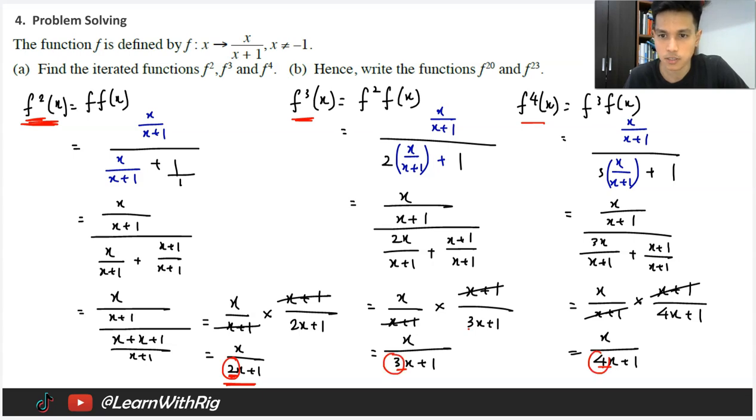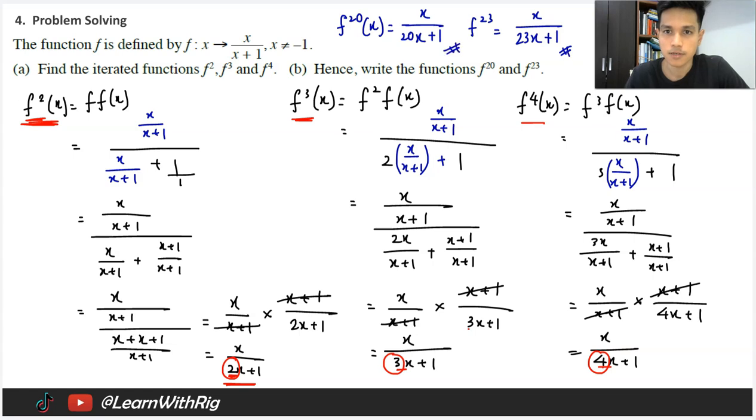So f20(x) is actually equal to x over 20x plus 1. Right? And f23 is equal to what? x over 23x plus 1. Right? It's that simple. So let's see the next question.